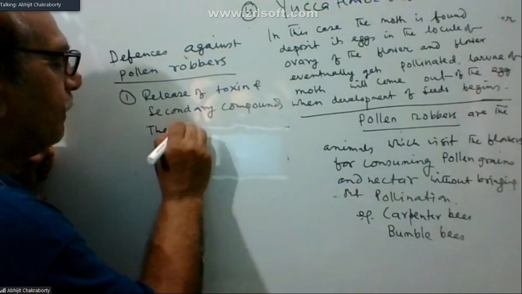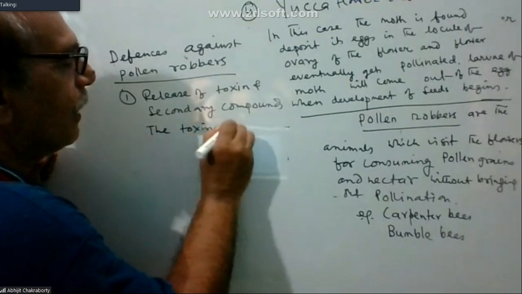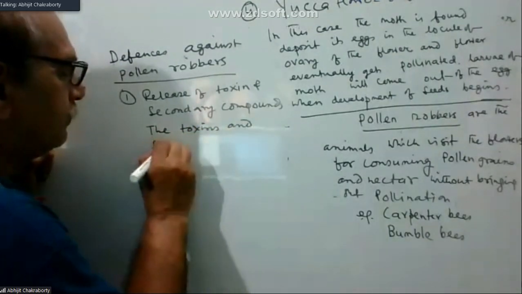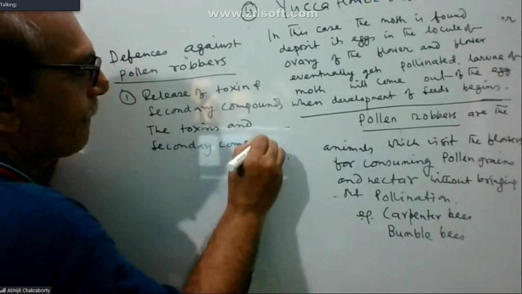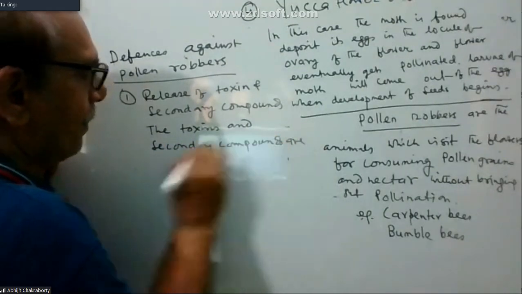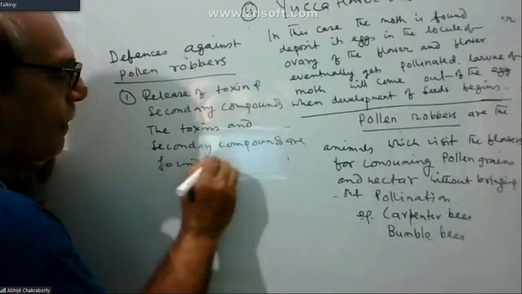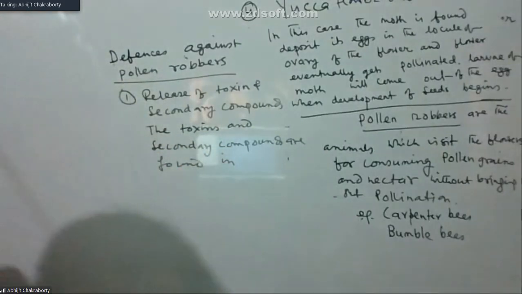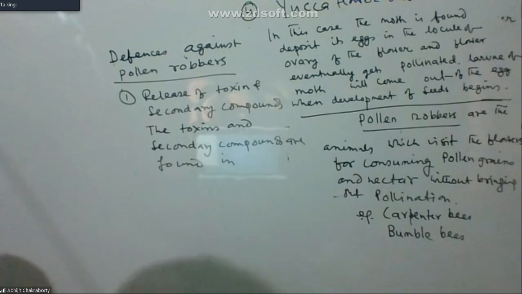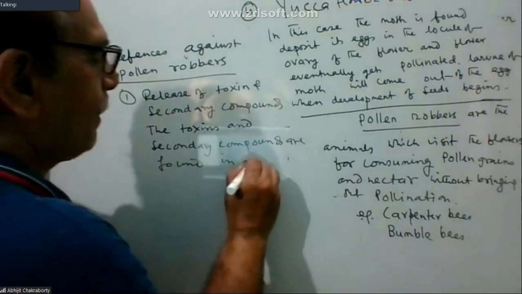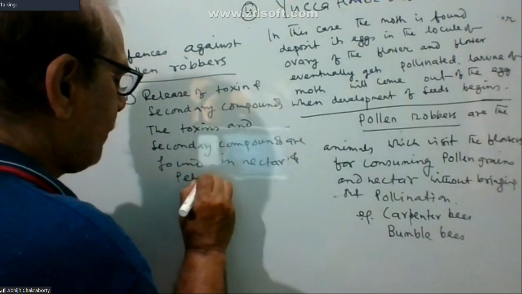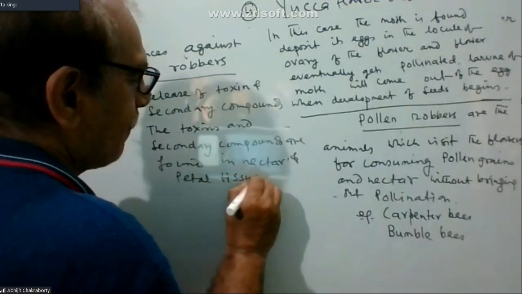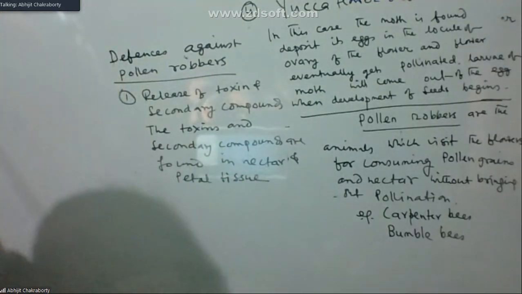Toxins and secondary compounds are found in nectar tissue and petal tissue.